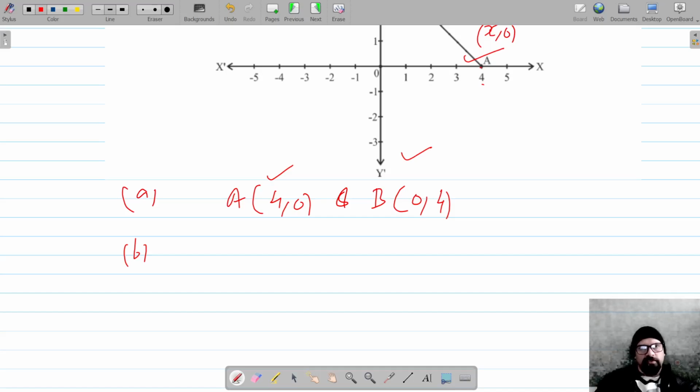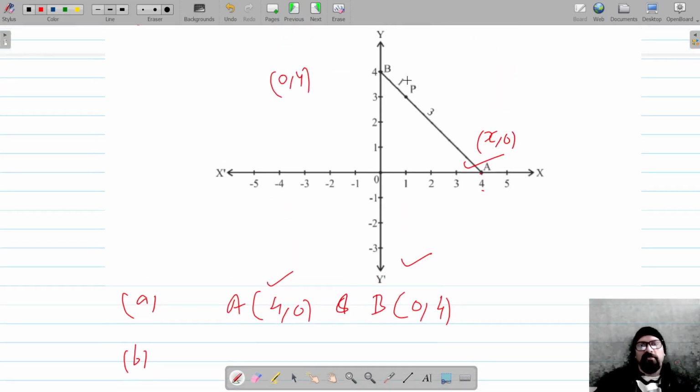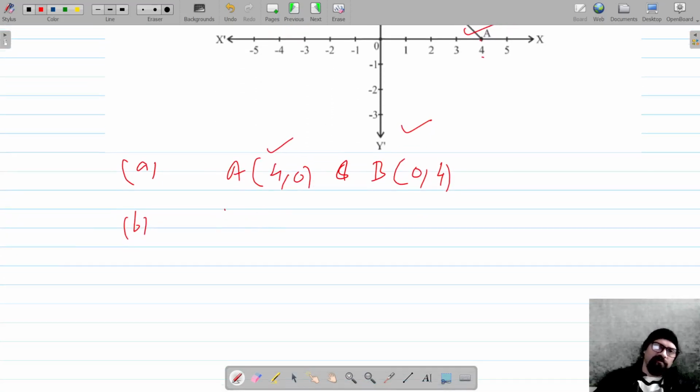Okay, the second question says that P is a point on AB such that the ratio is 1 is to 3, and using the section formula we have to find the coordinates of P. So we are going to write down the coordinates of P using the section formula.